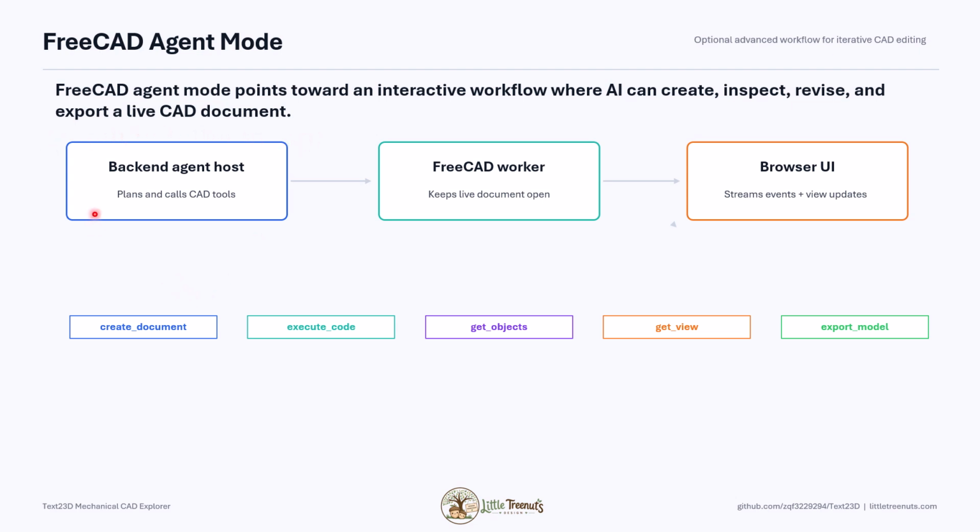The backend has an agent host, so it can plan and call CAD tools: create document, execute code, get objects, get view, export models. The FreeCAD workers keep the live documents open and support these tools. And we also have the browser UI to stream the events and view the dynamic updates.